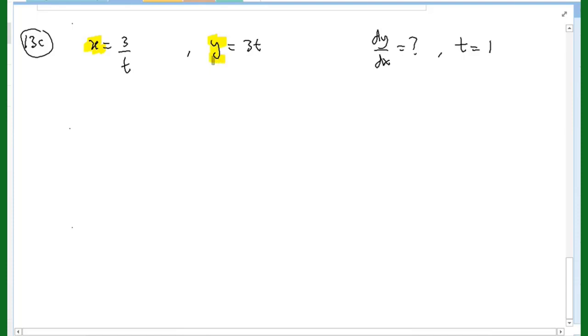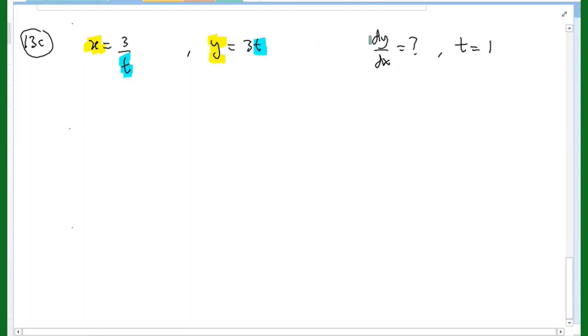Now given t is the third variable, which we call the parameter. So x is in terms of t, y in terms of t. Before, y was in terms of x. Now we have three variables, and t is normally called the parameter.